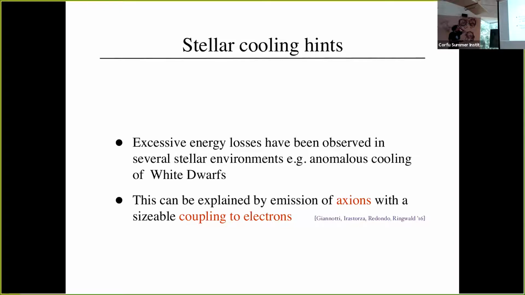And there is a very nice paper, like 5 years ago now, that was trying to explain those stellar cooling anomalies with several new BSM particles, and it turns out that definitely the best fit among all the candidates is provided by axions, given that they have a sizable coupling to electrons.